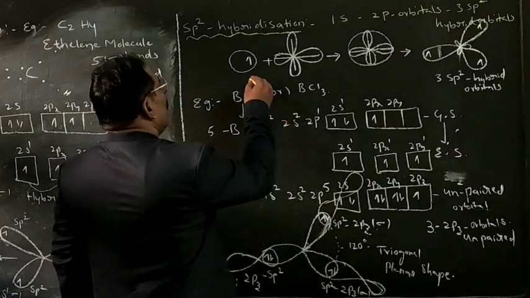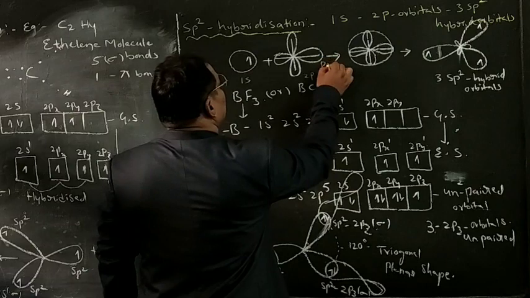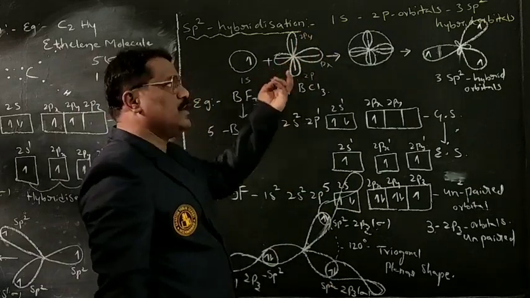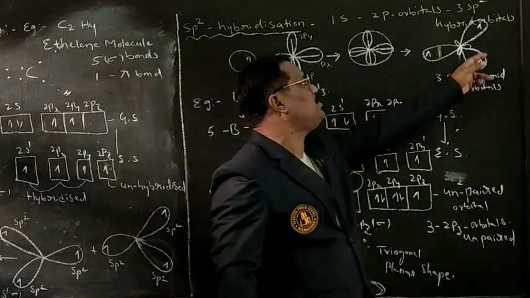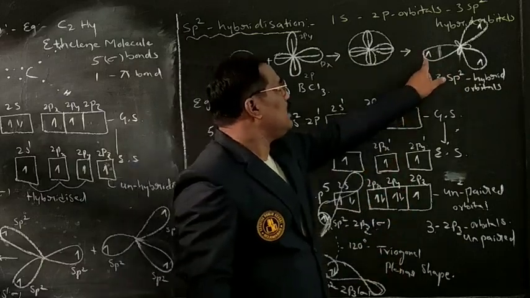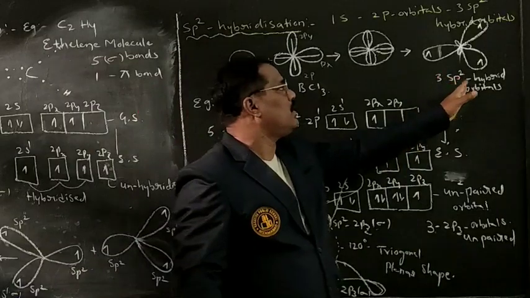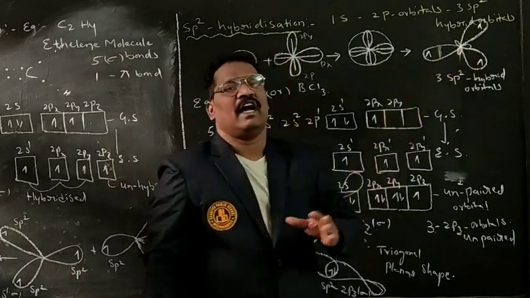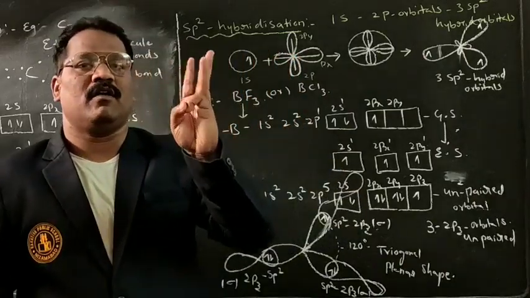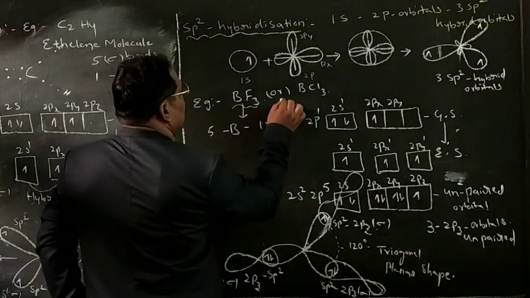It means one s orbital and two p orbitals, px as well as py, intermix together and form three sp2 hybrid orbitals of equal energy, and redistribution of electrons takes place. This type of orbital is called an sp2 hybrid orbital. Here there will be three sp2 hybrid orbitals.